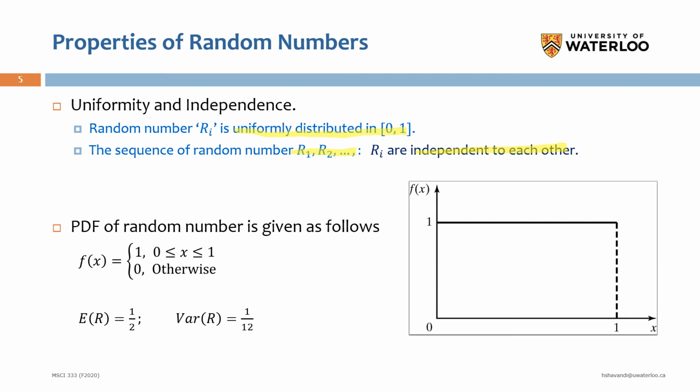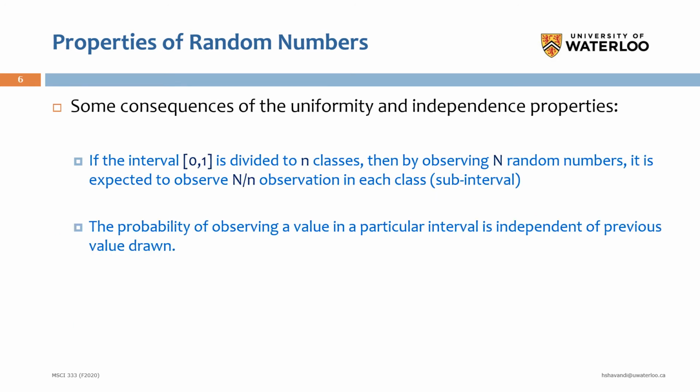In order to understand what these two properties say, let's consider the uniform distribution here. As you remember, the uniform distribution over the range of 0 to 1 has this PDF function, its expected value is one half, and the variance is 1/12, and this is the PDF shape. So let's say, for example, we are using the RAND function in Excel, and we are generating, let's say, 1,000 random numbers.